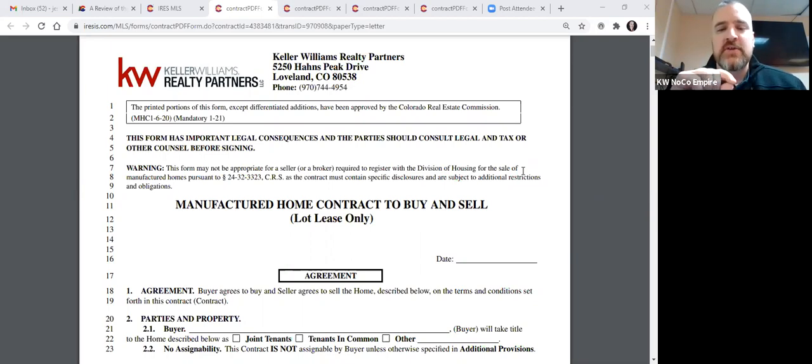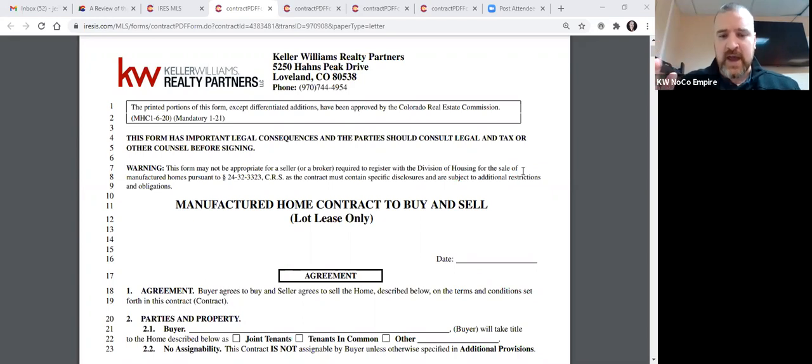So you wouldn't use the residential contract if we're talking about a titled home as opposed to a deeded home. We either have to determine, do I need to use the manufactured home contract, or do I need to use the addendum in conjunction with the land contract or the commercial contract.